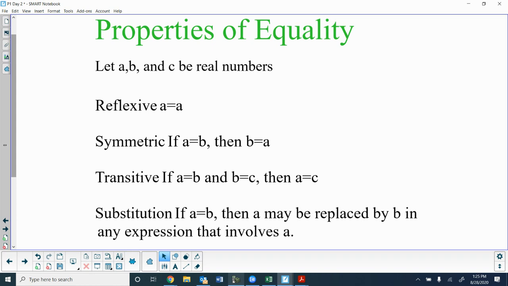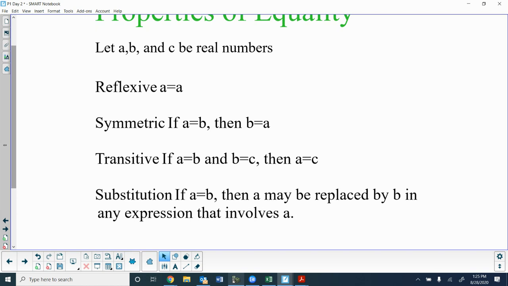Transitive property says if A equals B and B equals C, well, then A has to be equal to C. And substitution is if A equals B, then I can put B in place of A. Or let's say A equals 6, I can put a 6 wherever I see an A. Right? So you guys know that stuff. Again, you're not going to be tested, but I just wanted to remind you of those properties of equality.